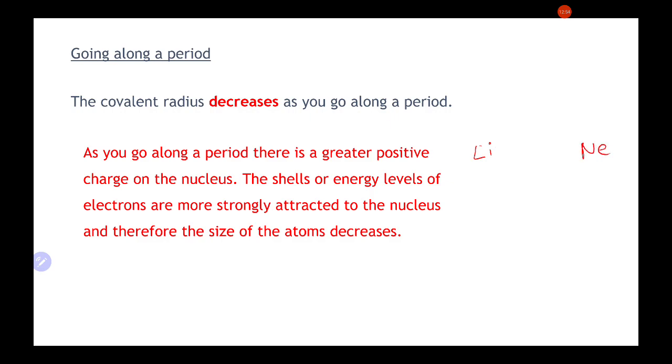So if we've got lithium, we've got 3 protons in the nucleus and we've got 3 electrons. I'll just draw these very roughly so that you can see. Neon, we've got 10 protons.